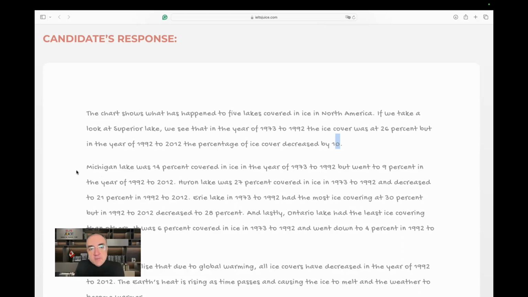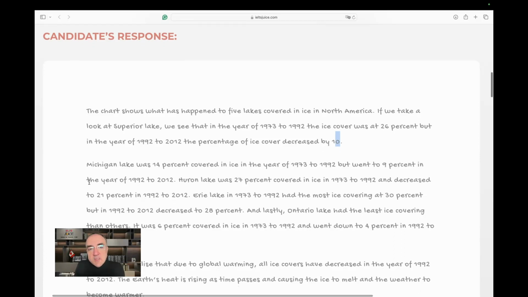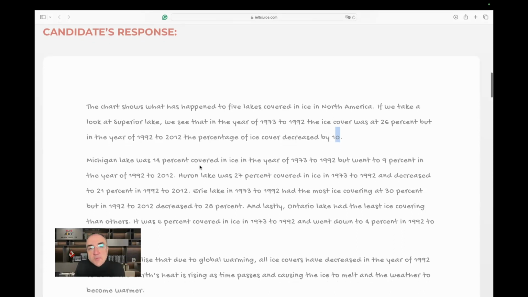Lake Michigan, again, no, that's not a mistake. Lake Michigan was 14% covered. Was 14% covered. That's a weird way of reporting. It's a weird structure. In the years 1973 to 1992.